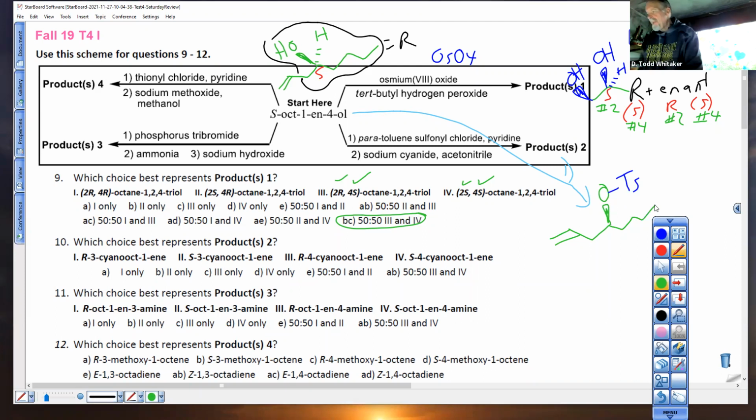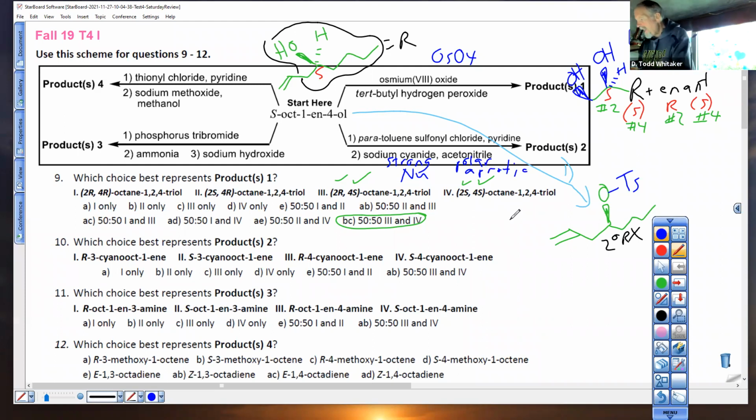Then we're going to do an SN2. You know how I know it's an SN2? It's because we have a secondary RX, we have a strong nu, and we have a polar aprotic solvent. Those last two items, the nucleophile and the polar aprotic solvent, guarantee SN2.